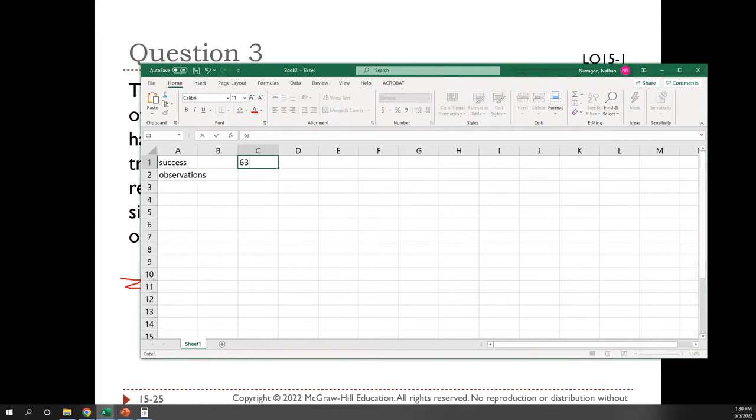I have 63 successes and we had 300 observations. So the formula that we're going to use to calculate our Z: Z equals 63 divided by our observations, minus 0.10, so our percentage.